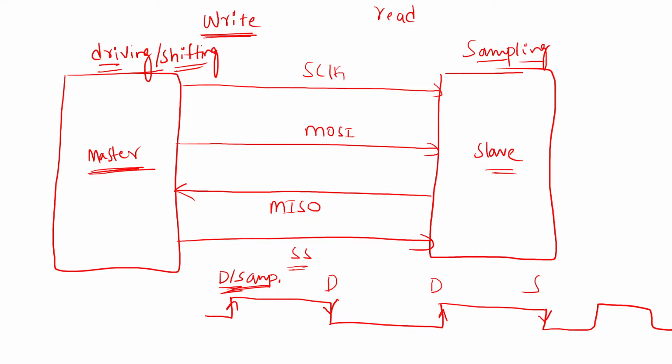Now, let's say this is my clock. We also need to decide what the idle phase of this clock is and what the working phase of this clock is. If I'm configured as a master, I need to know what the active level of the clock is and what the inactive level of the clock is.